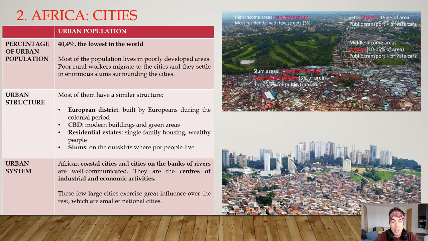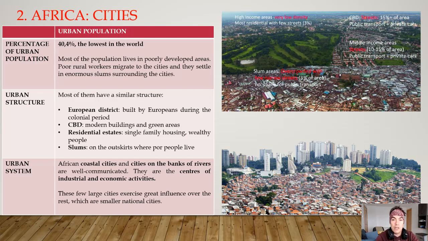So we have a few big, important cities such as Cairo, Nairobi, Addis Ababa, Cape Town or Johannesburg. These cities are very important, and they exercise a great influence over the rest of the cities in Africa, which are smaller national cities. If you remember the urban hierarchy, we have the global cities, the national cities, and the regional cities.